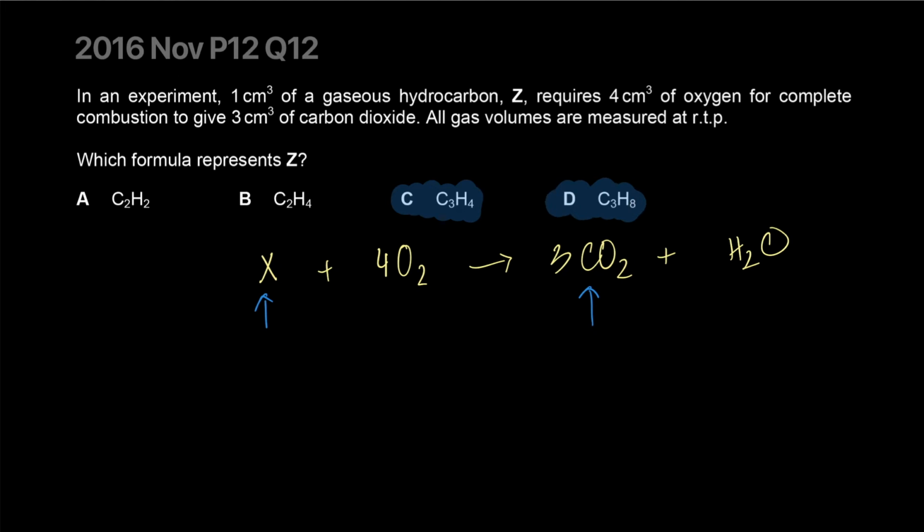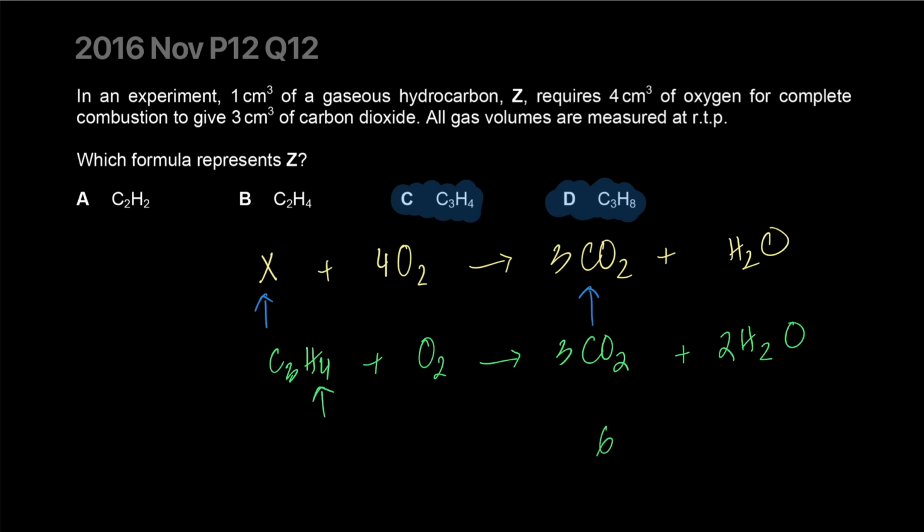Looking at C, if we try to balance it out, let's burn it in green. C3H4 should give us the right answer, reacting with oxygen to produce 3 molecules of carbon dioxide and some water. How much water will it produce? 2, because there's a 4 over here balancing it out. How many oxygens do we have?